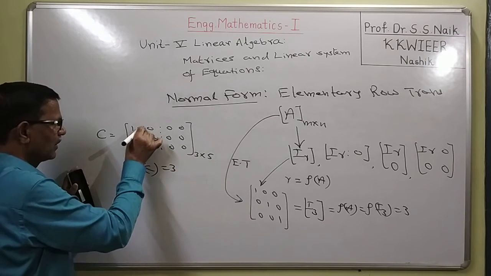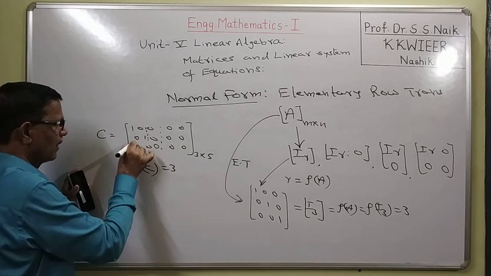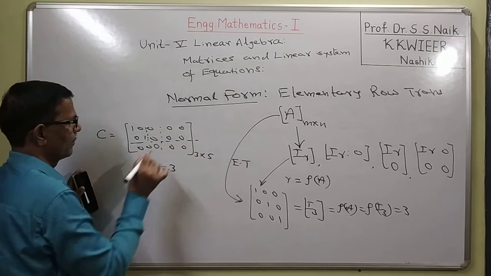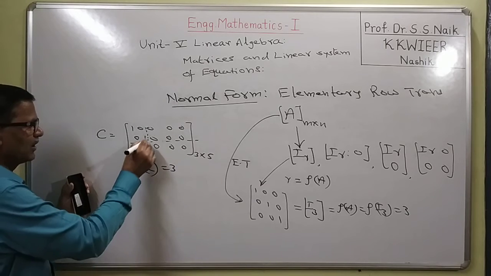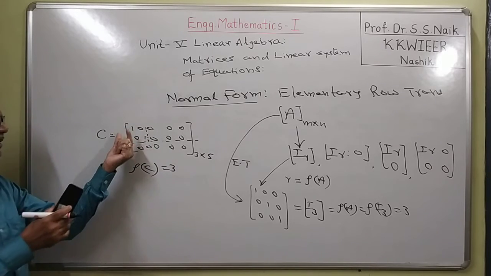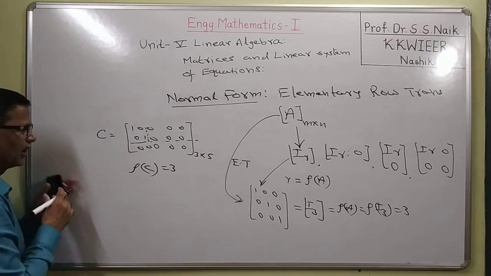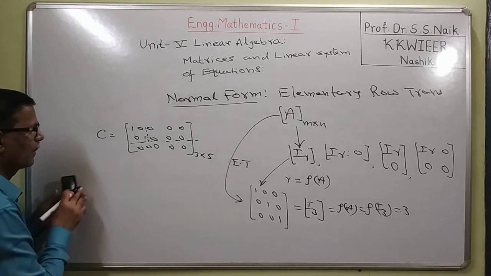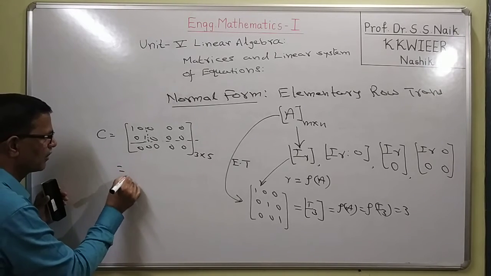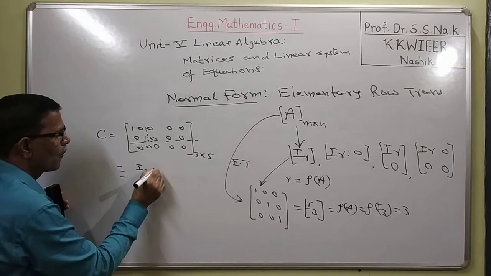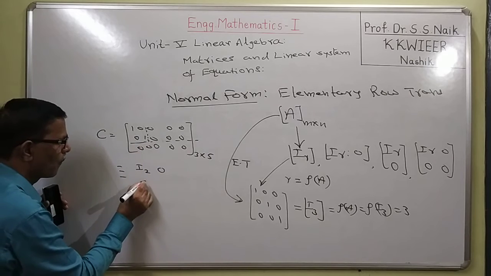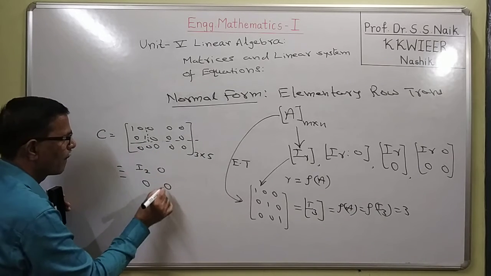So if you see this becomes a matrix of this form. That is, here you will be having, if you see this is I2, this is equivalent to, what is this equivalent to? This is I2 and this is 0. Okay, this is 0 and this is 0.